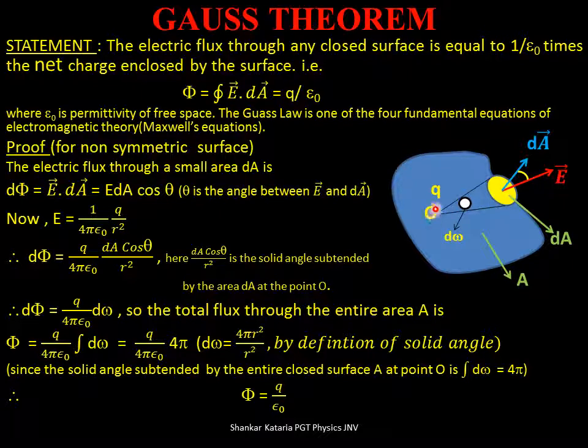For a point charge, the electric field at distance r is 1 upon 4 pi epsilon naught times q by r squared.